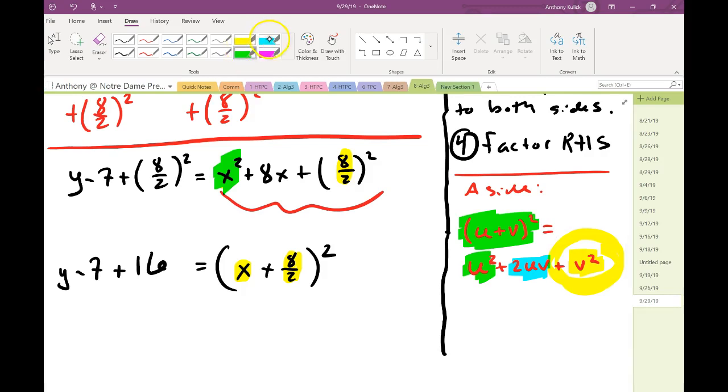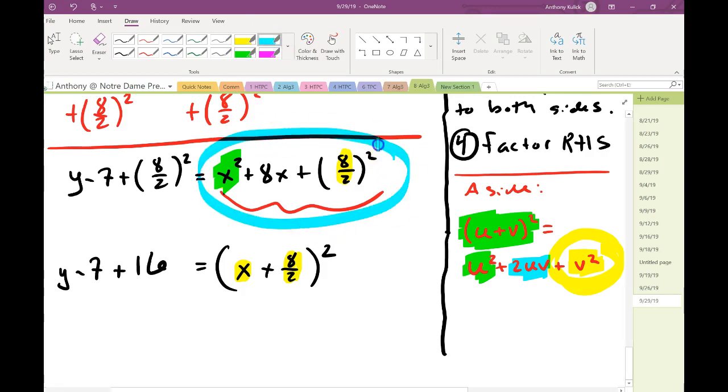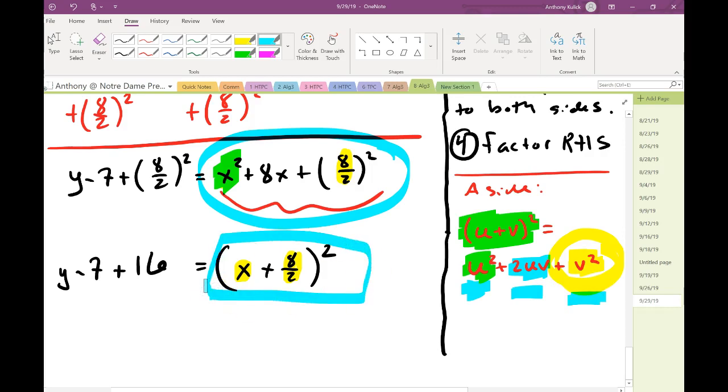So once I've got things in this form, where I have u squared, 2uv, and v squared, I can go immediately to this factored form.